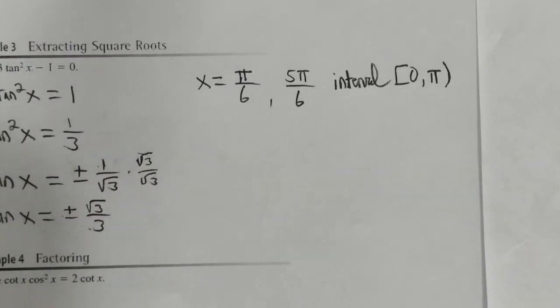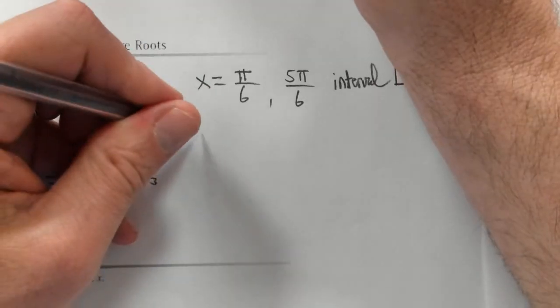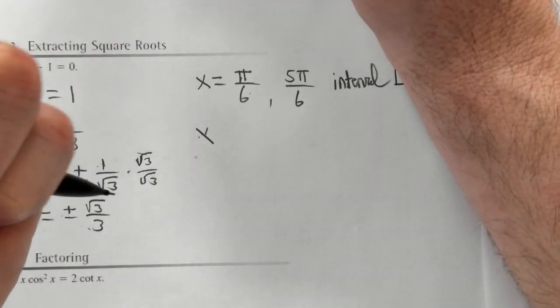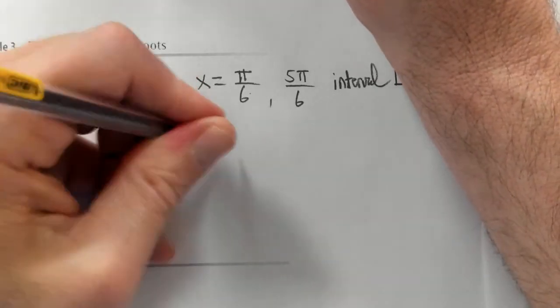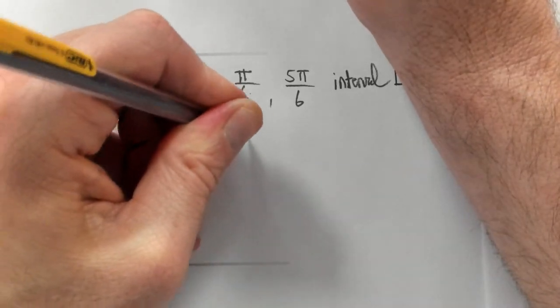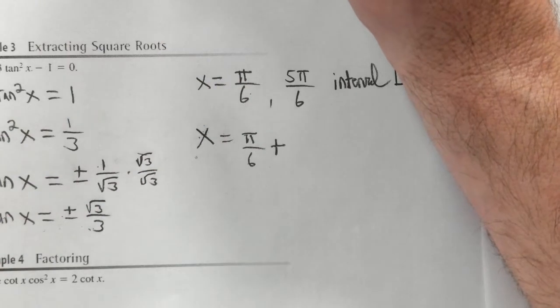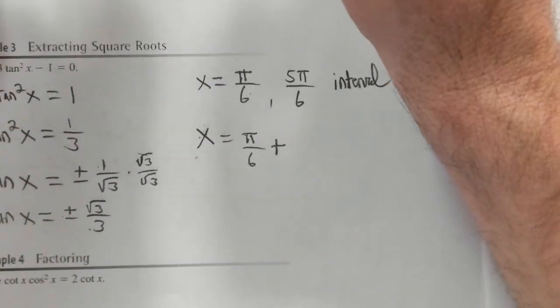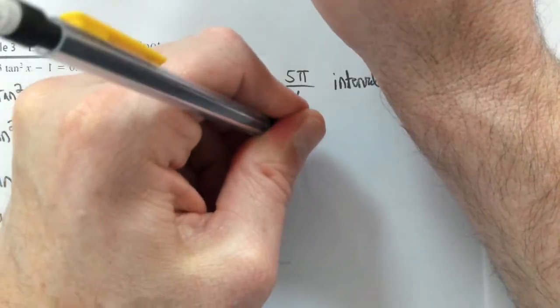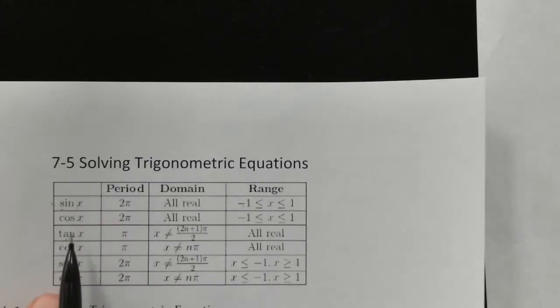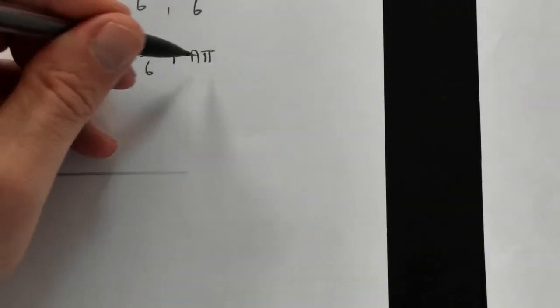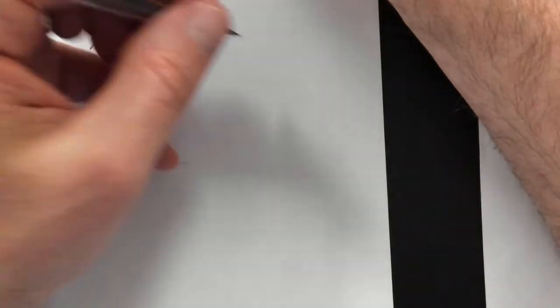Now we can take this and expand it out to a general solution by taking any of these solutions and adding. Now we're not going to be adding multiples of 2 pi this time. We're going to be adding multiples of pi. Why? Because remember the period for tangent is pi, not 2 pi. Okay, so we have to add multiples of pi, not multiples of 2 pi on this one.